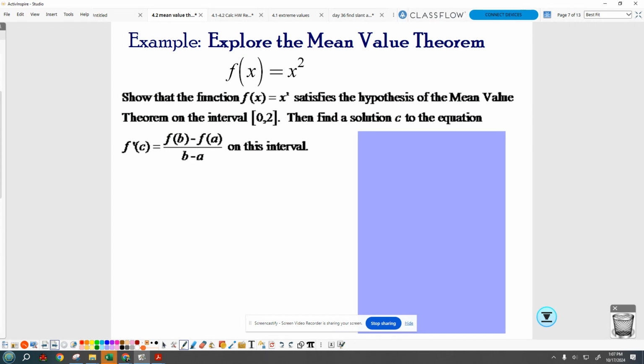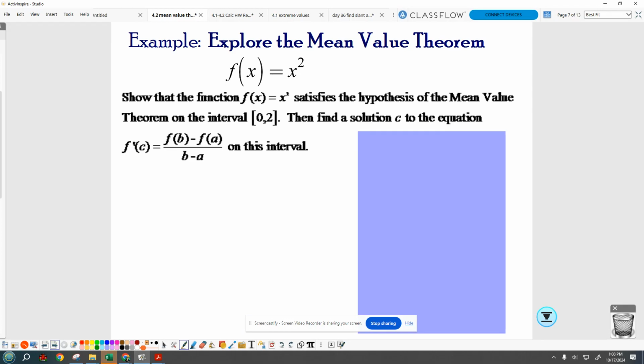Here's our first problem. It says show that the function satisfies the hypothesis of the mean value theorem. So, Katie, what needs to be true to satisfy the hypothesis of the mean value theorem? You had to be continuous over the closed interval 0 to 2 and differentiable over the open interval 0 to 2.